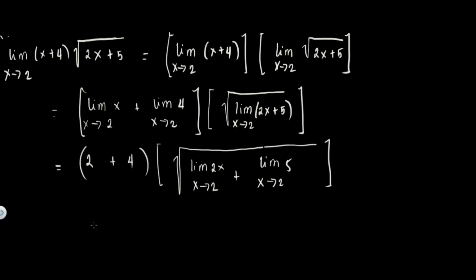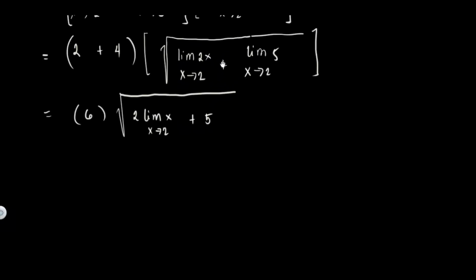There. Then 2 plus 4 is 6, multiplied by, ito naman, limit of 2x as x approaches 2, 2 is a constant in the function, no? So we have here 2 times the limit of x as x approaches 2. And the limit of constant is k, or limit of k is k. So we have here plus 5.